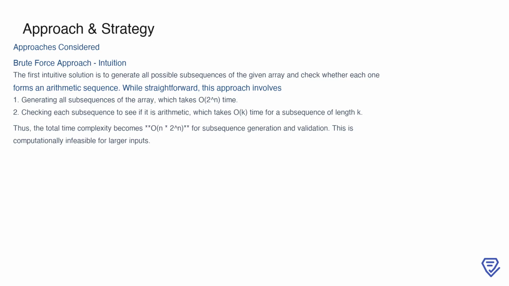Additionally, for each subsequence, we need to validate if it is arithmetic, which takes k time for a subsequence of length k. When combined, the total time complexity becomes n * 2^n, making this approach computationally infeasible for larger inputs. This highlights the need for a more efficient solution.